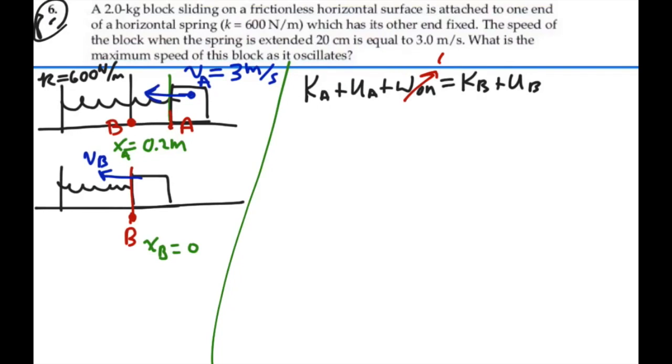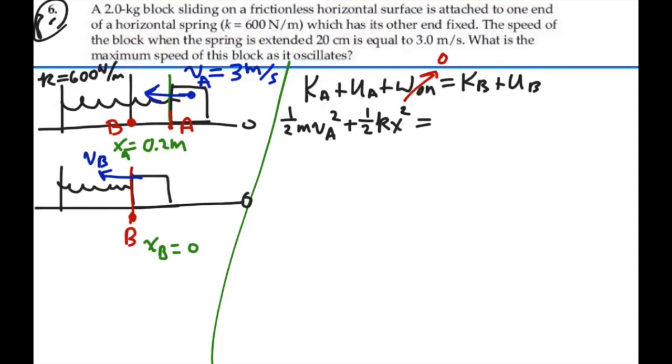So we don't have any other external force to worry about. We do have kinetic energy at A, so that's 1/2 mass velocity at A squared. We have potential energy at A, but not gravitationally, because we're going to define our plane as being our zero height. So we only have a 1/2 kx squared at point A.